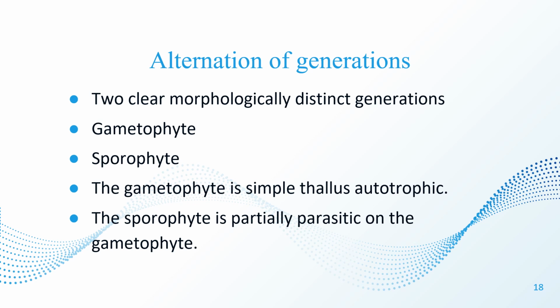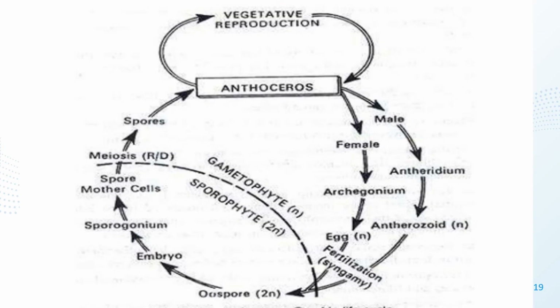It is only partially parasitic because it doesn't have rhizoids with which it can hold on. It has food embedded inside the gametophytic thallus, and it has a meristematic intercalary region, and ultimately the capsule. You can observe the graphic life cycle of Anthoceros.